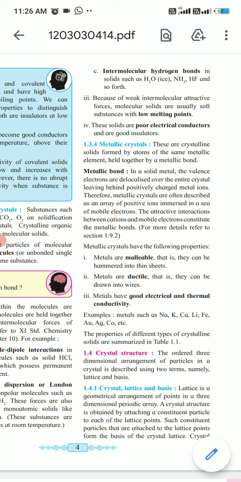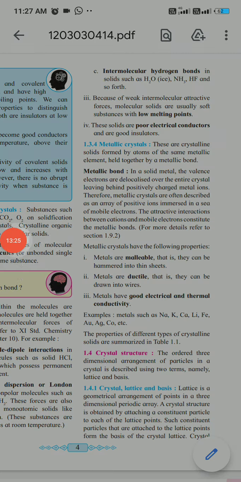And third point, metals have good electrical and thermal conductivity. Examples are metals such as Na, K, Ca, Li, Fe, Au, Ag, Co, etc. These properties of different types of crystalline solids are summarized in Table 1.1.